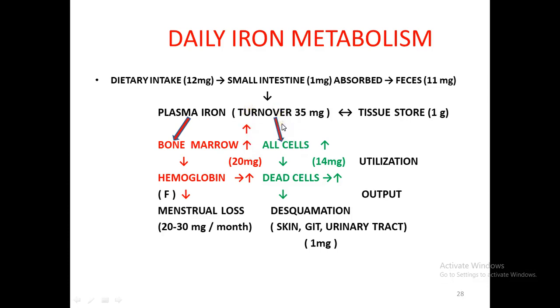Also, some of the iron from the plasma enters all the cells to form the myoglobin, heme enzymes, non-heme enzymes. When these cells die, they get desquamated from the skin, GIT, urinary tract. 1 milligram is thus lost every day.